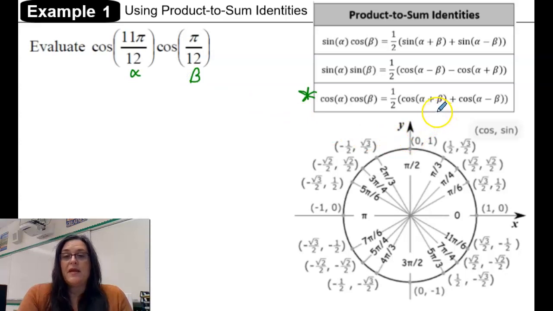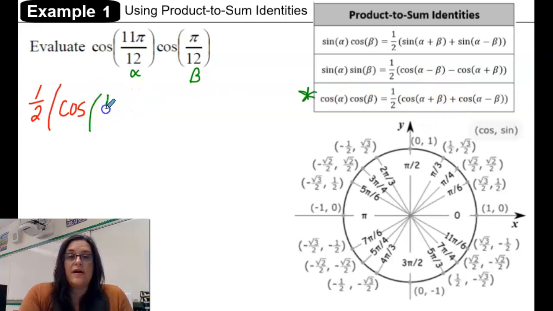So when we substitute those values, we'll have 1/2 times the quantity cosine, and then we need to add alpha plus beta. So we'll have 11 pi over 12 plus beta, which is pi over 12. And then in the identity, this product becomes a sum.